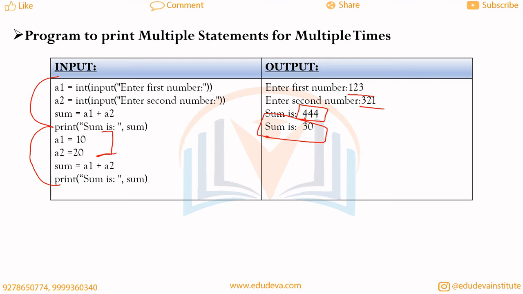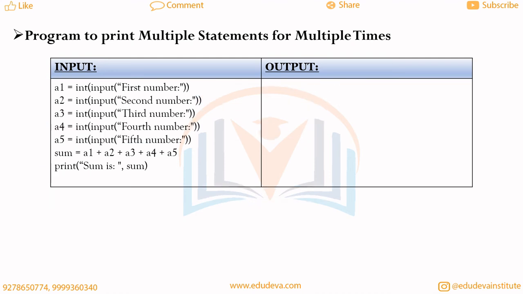It means that if the value is already defined in the program, then we cannot change the output of the program. But if we are demanding the value from the user, the output will depend upon the value entered by the user.